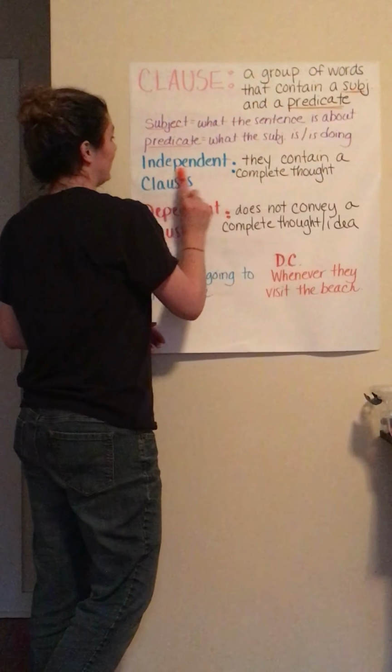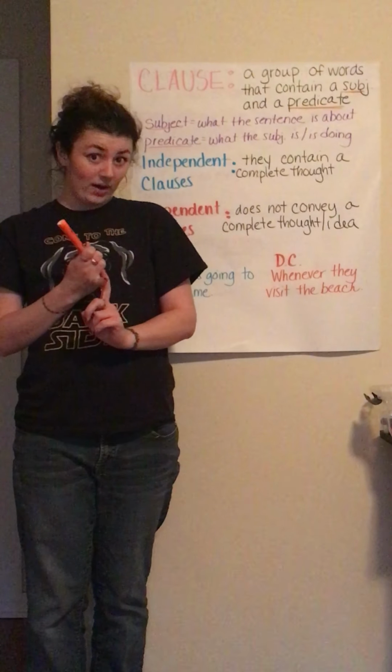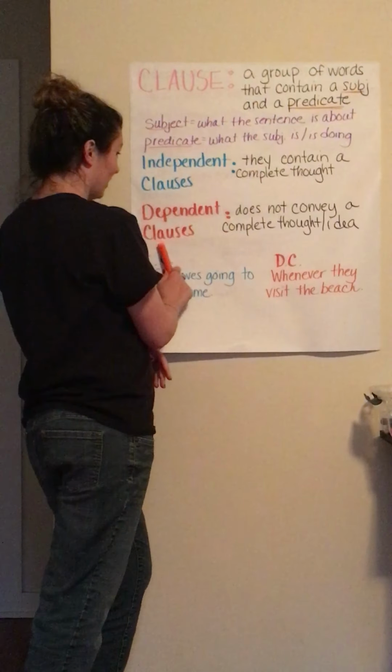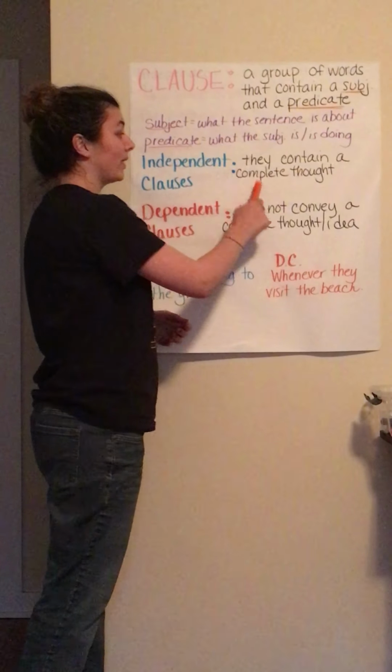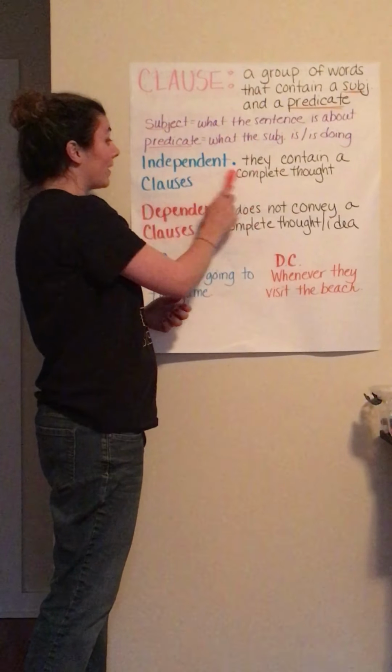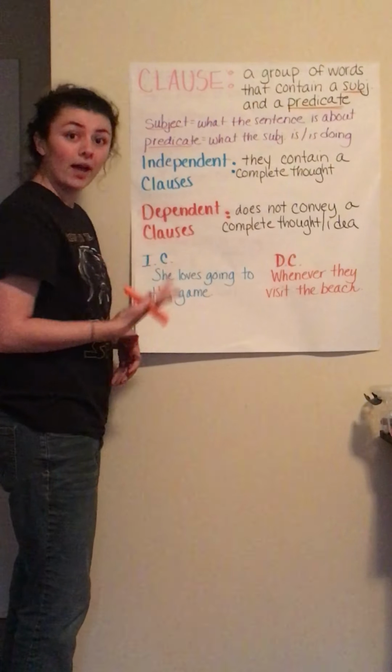Adults can do anything they want and go anywhere they want. Dependent clauses don't convey a complete thought or idea, and they need help. Like children, they can't always do the things that they want. Unlike adults, who have more freedom and are more independent, kids are more dependent, meaning needing help from adults.